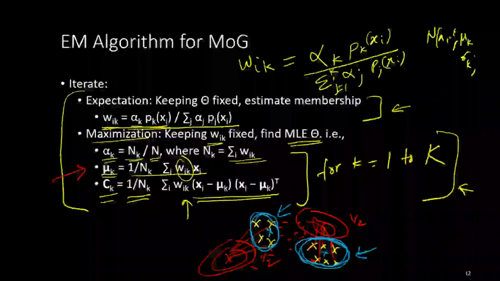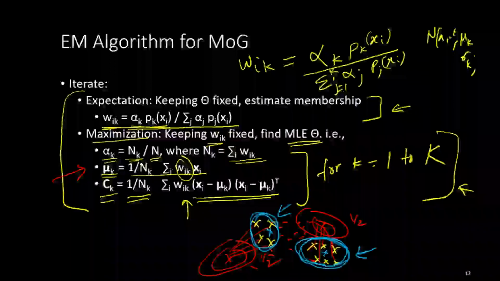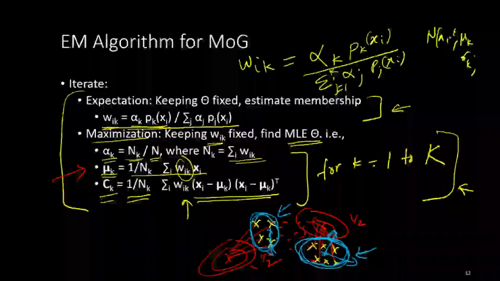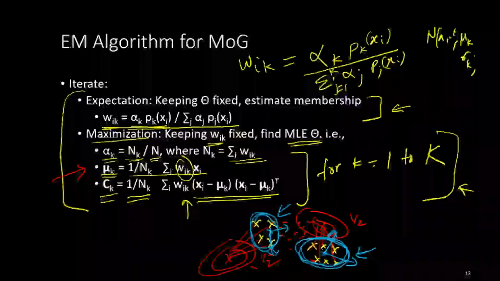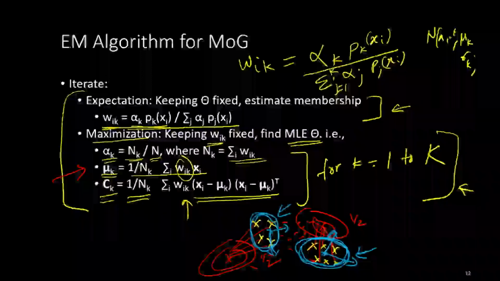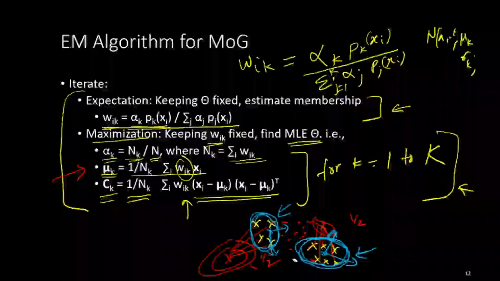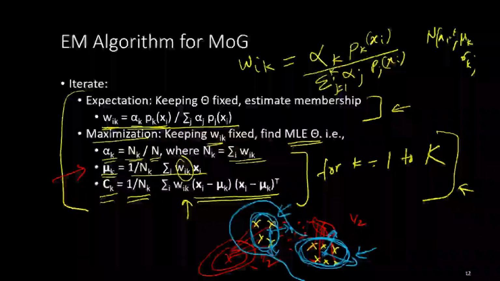It will have the required skews to explain the covariance of this particular Gaussian in the mixture, and this particular Gaussian in the mixture. So the eigenvalues and the eigenvectors will adjust to explain those, and within a few iterations we'll have the final distribution, something like a multimodal distribution.